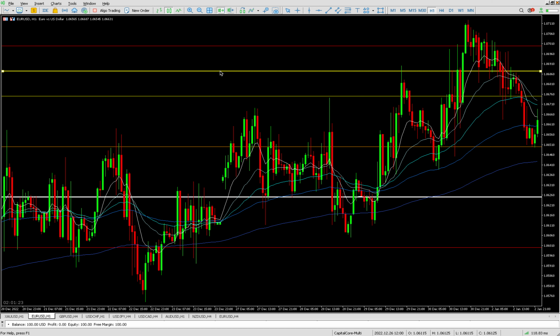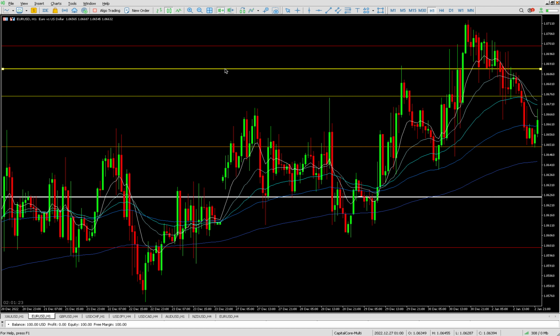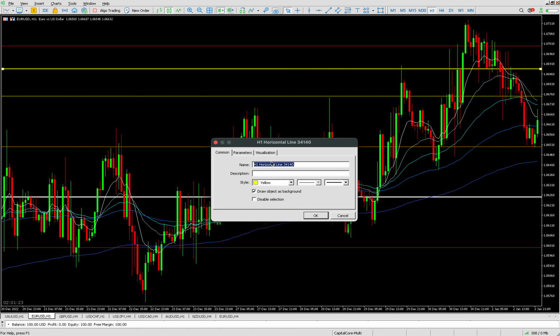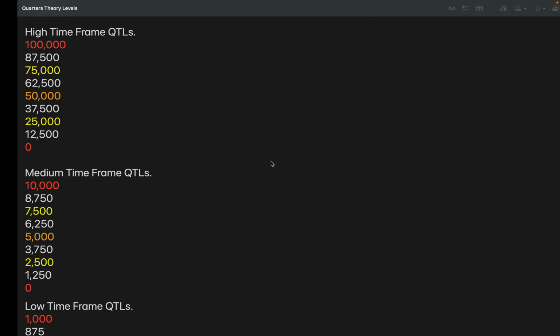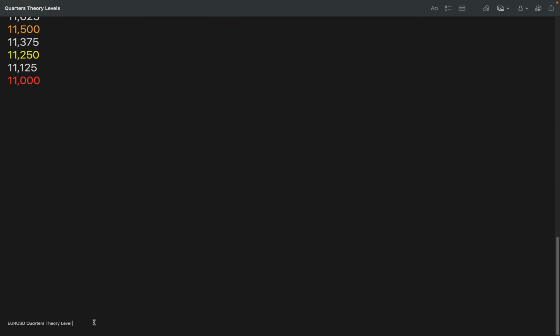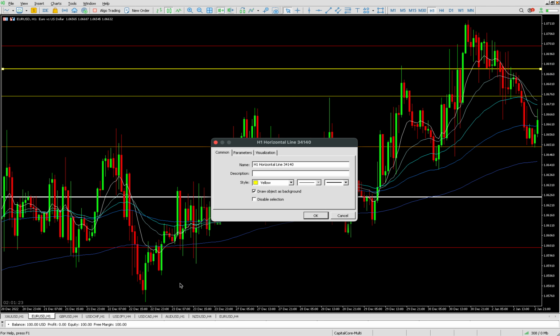I like to drag it just slightly above where I think it'll be, and there's a reason for that. Okay, so I copy and paste there, and then I hit tab, and I've got to put in the level.